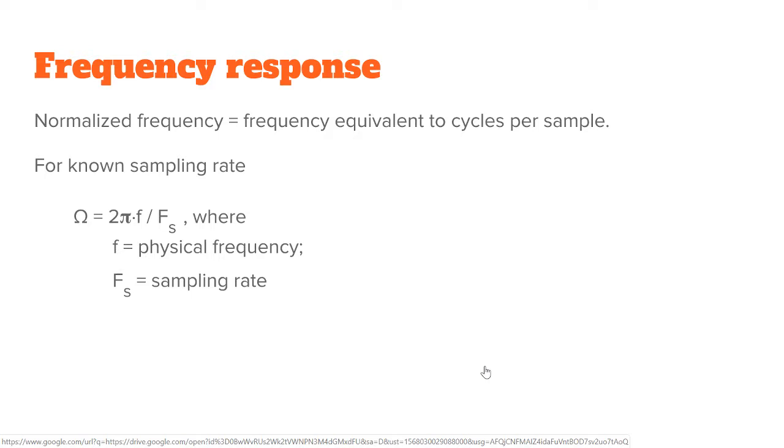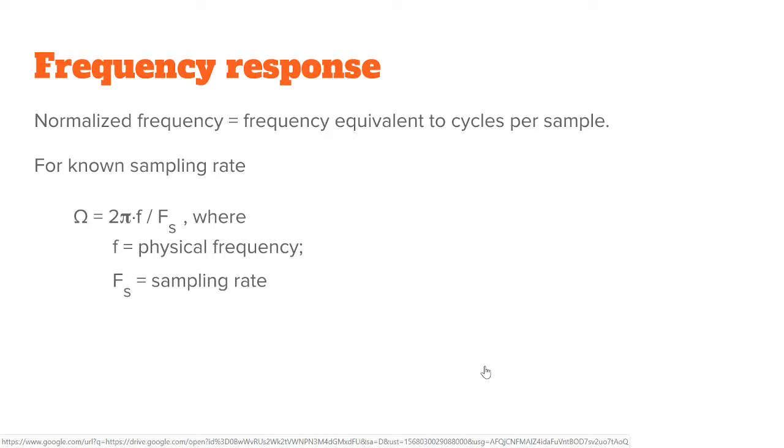And by the way, basically the upper half is always the mirror image of the lower half, or the other way around. Always. Meaning these zeros and poles are always complex conjugate pairs.